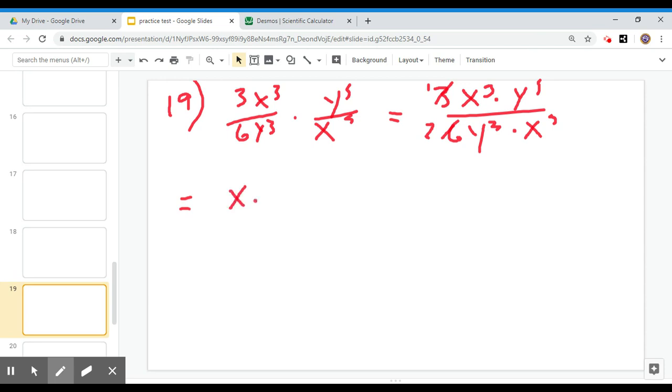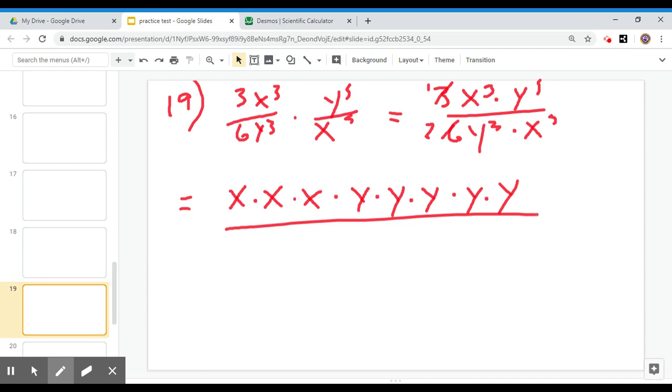So we have 3 x's in the top, and then we have 5 y's in the top. You can sort of do this in your head as well. You don't need to write it all out if you're able to do this in your head. So we had a coefficient of 1 in the top. Now we have a coefficient of 2 in the bottom.